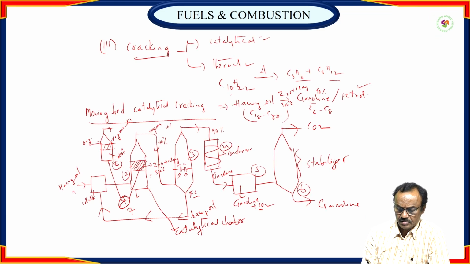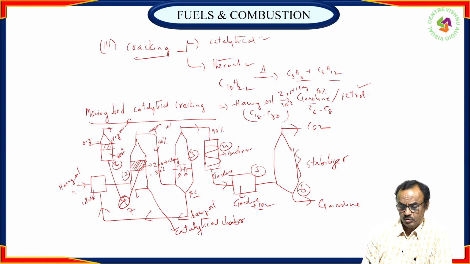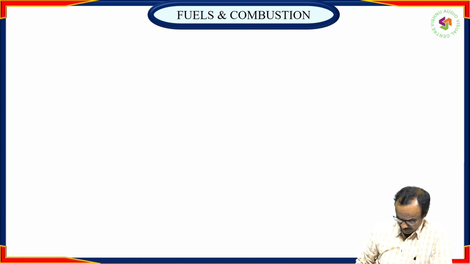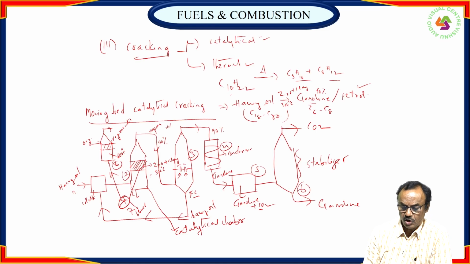The solid catalyst is attached with carbon particulates, so we need to pass it in with the help of a blower. This is called the blower. When it is passed by means of the blower in the presence of oxygen, allow it to burn completely at a temperature of about 600 degrees centigrade. So the carbon deposited over the surface of this catalyst burns.